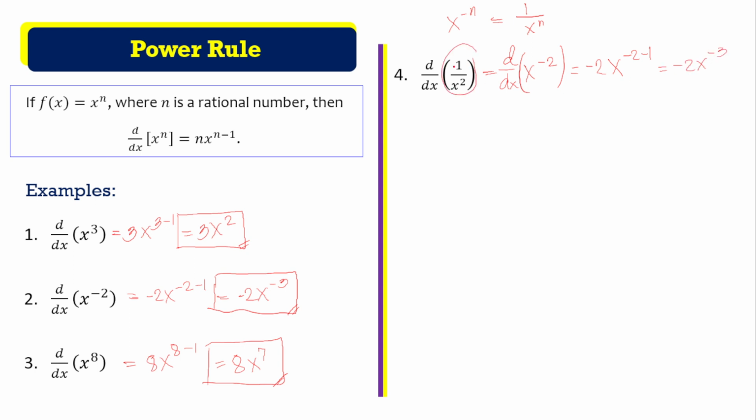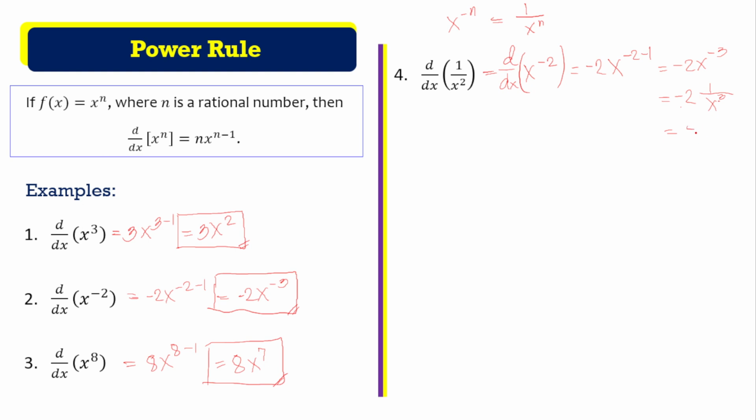If you want to rewrite it in this form, you can rewrite the negative 2. This one has a negative exponent, so you can rewrite that into 1 over x raised to positive 3, or x cubed. So now you can also rewrite that into this form. Negative 2 times 1 is just negative 2.